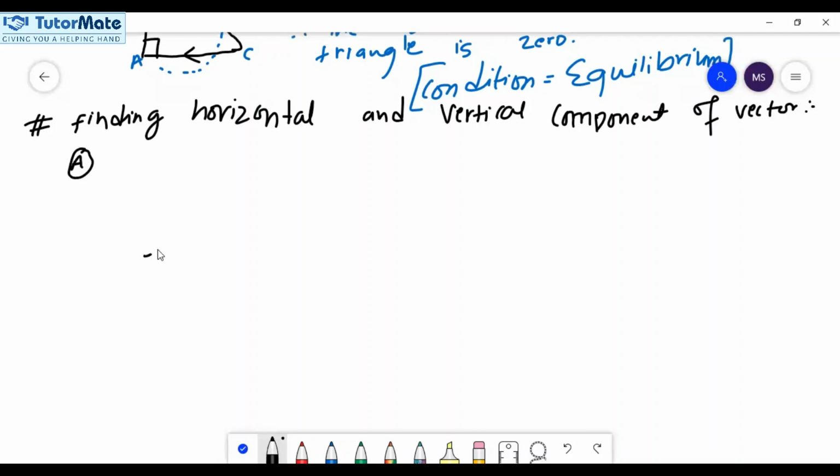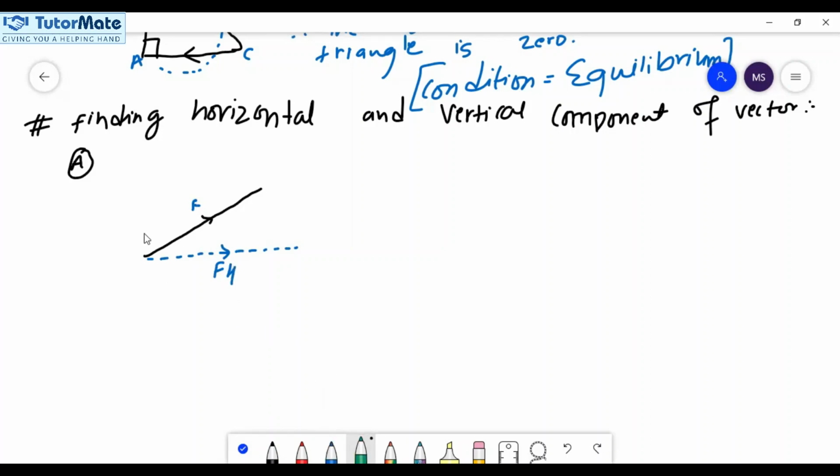For example, this is some sort of force, maybe X Newton. The horizontal component is always parallel to the ground. So this is the horizontal component. Suppose this is F, then we can say this is FH.